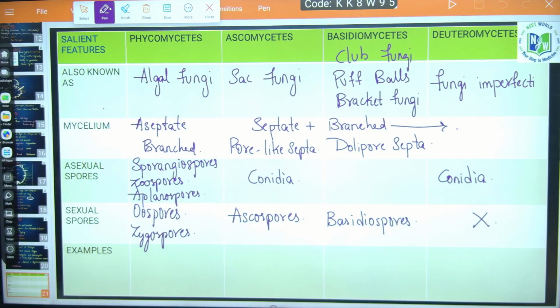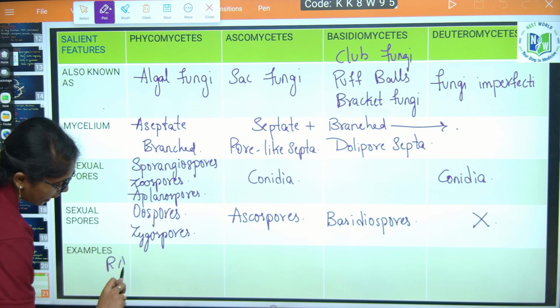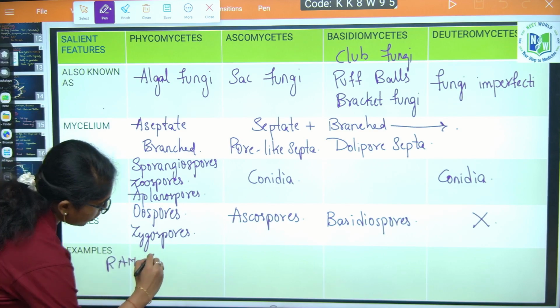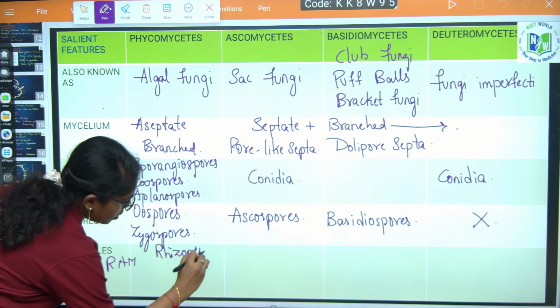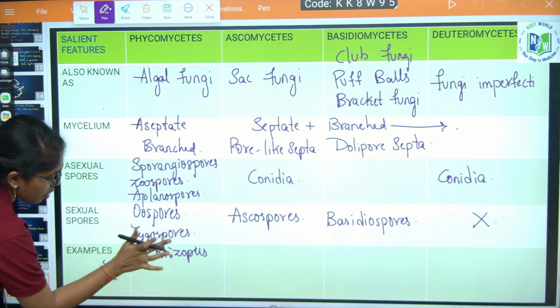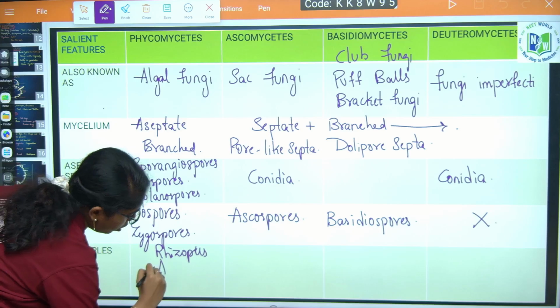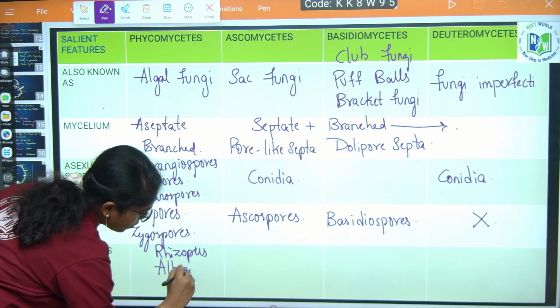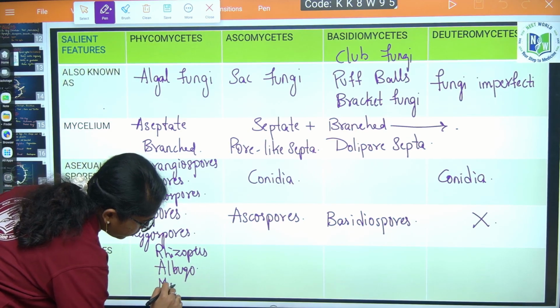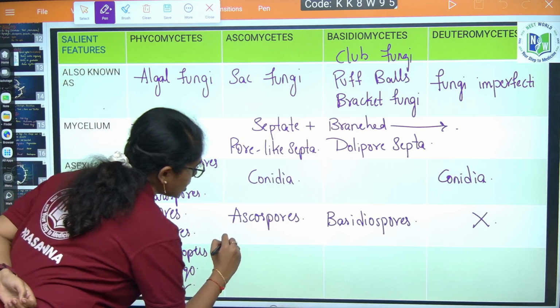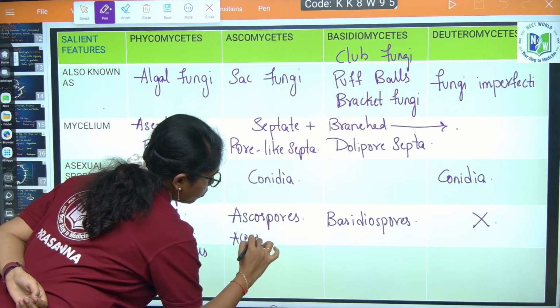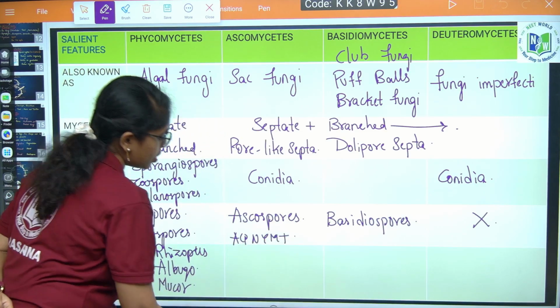Examples of Phycomycetes, I told you, right? RAM, mnemonic. Now you fill it. Rhizopus, Albugo, Mucor. Okay. Ascomycetes, ACP, NYMT, we discussed, right?